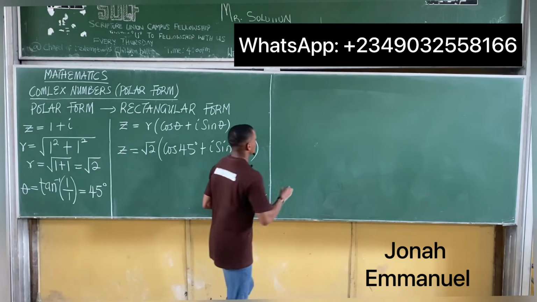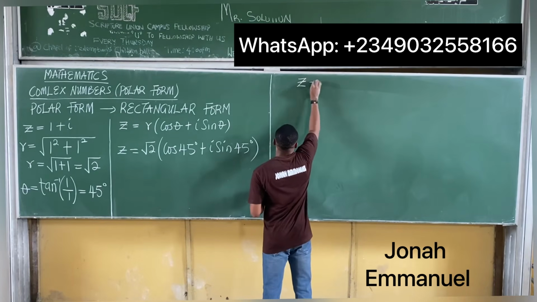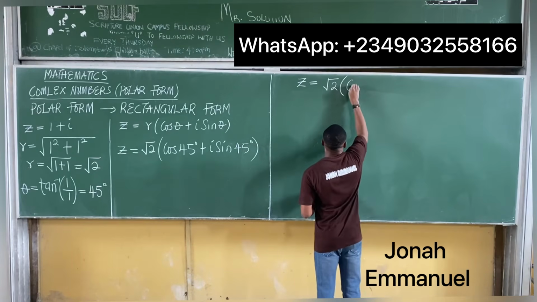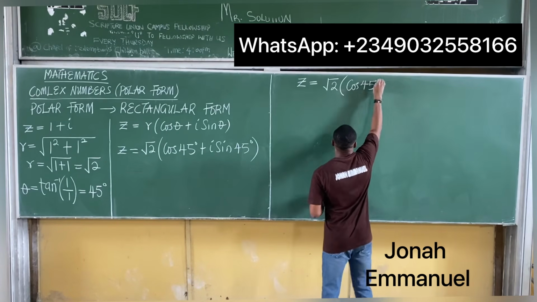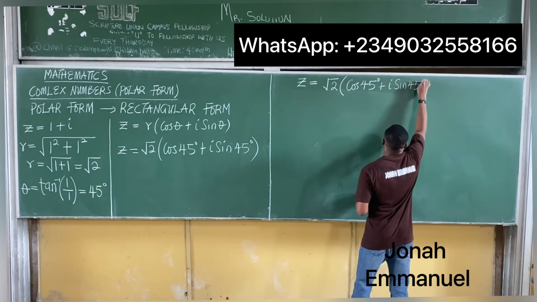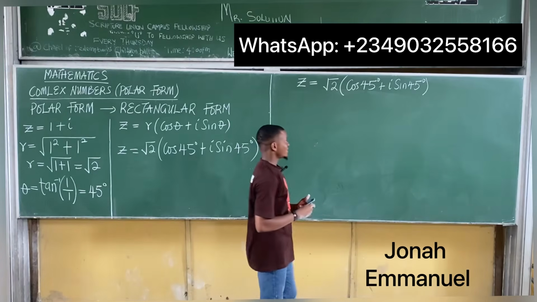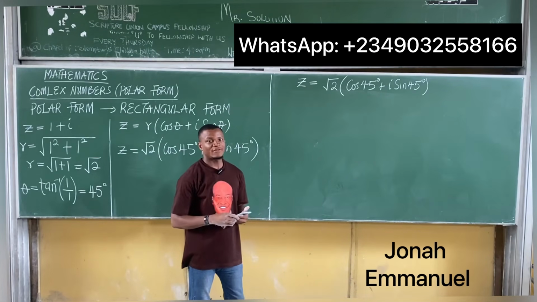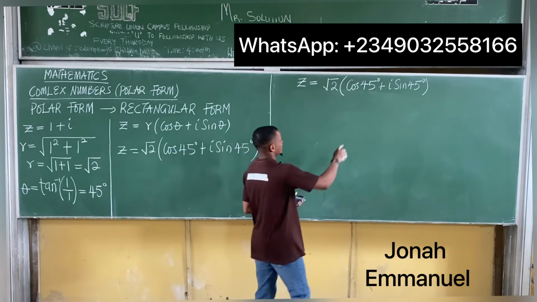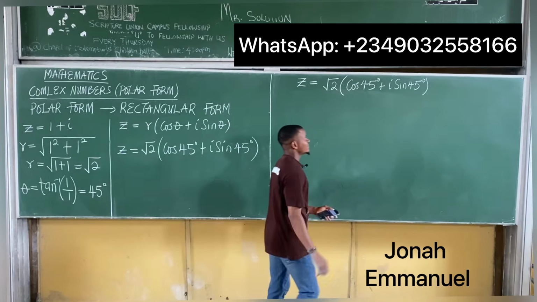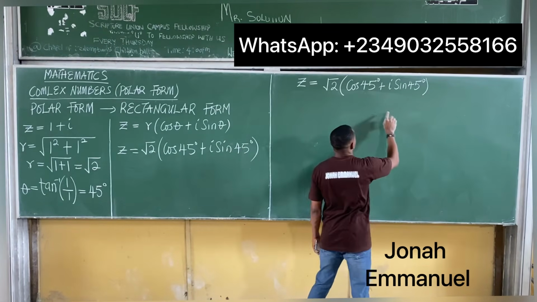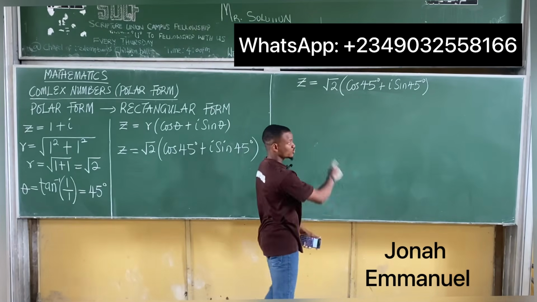So what if I was given the complex number z equal to root 2 into cos 45 degrees plus I sine 45 degrees? This is in polar form, and I was asked to convert it back to the rectangular form. What do I do? Now, the idea is simple. The concept is to express these first in either decimals or surds. Just find the value of this and this, then use the modulus to multiply through.